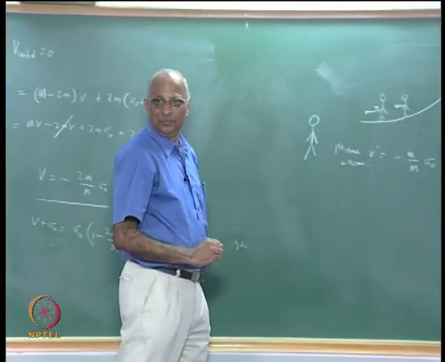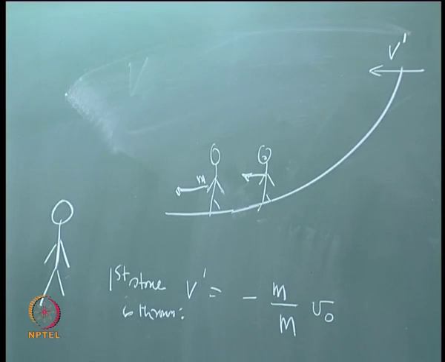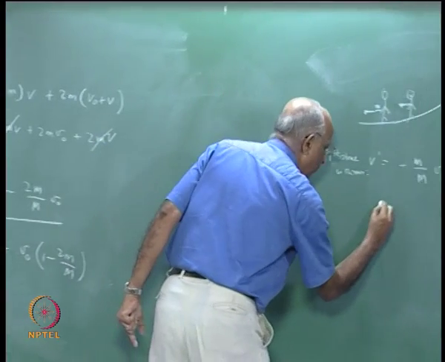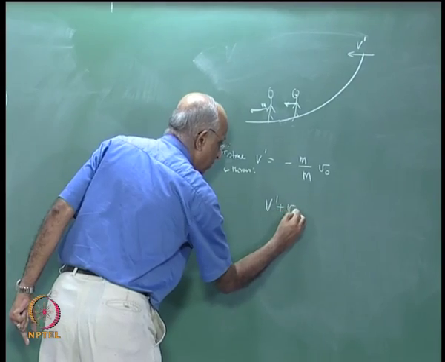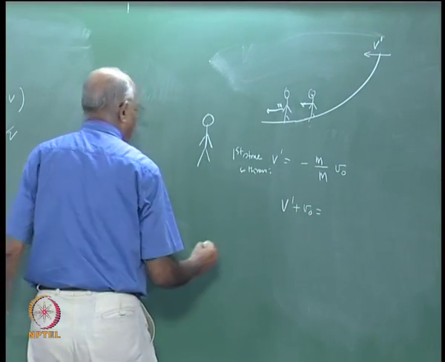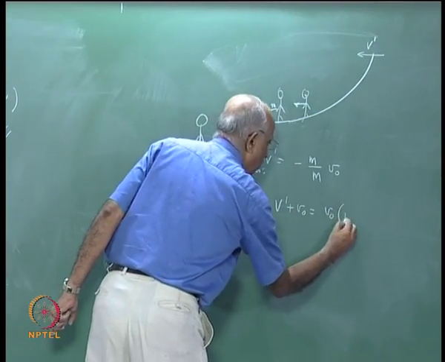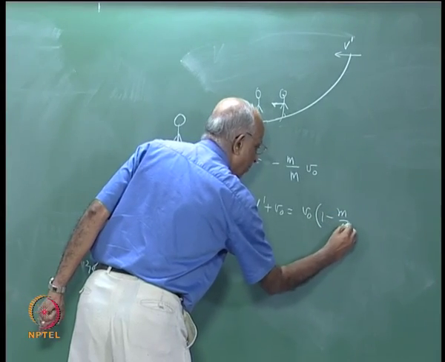And what is the relative velocity? The relative velocity is V prime plus V0, which is equal to V0 into 1 minus small m by capital M.